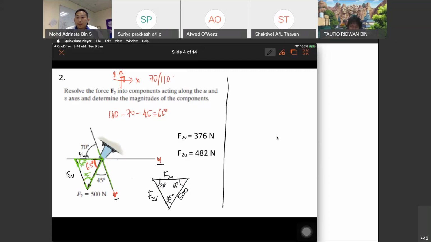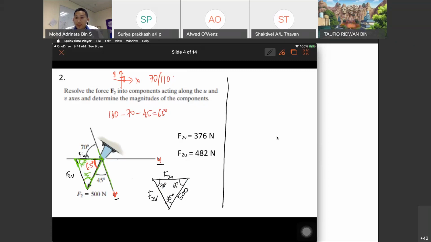So jawab dulu. Jawapan saya untuk F2V is 482. Betul lah tu. Betul-betul. So jawapan ni nanti kita betulkan lah. F2U.